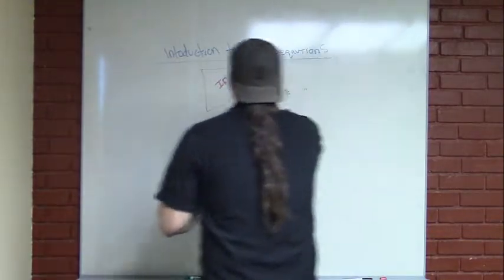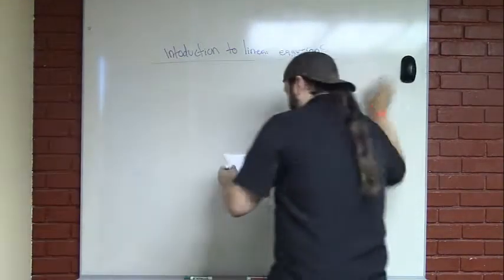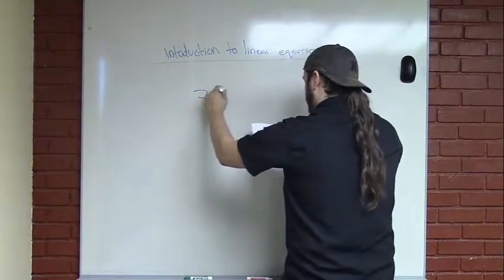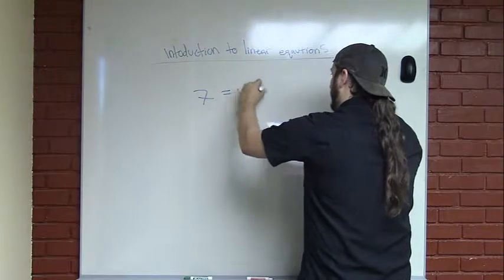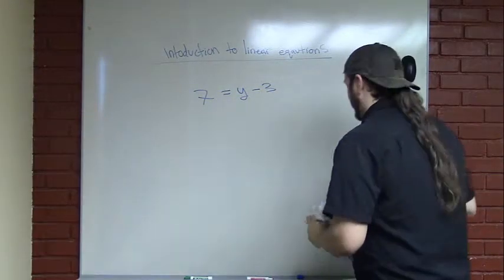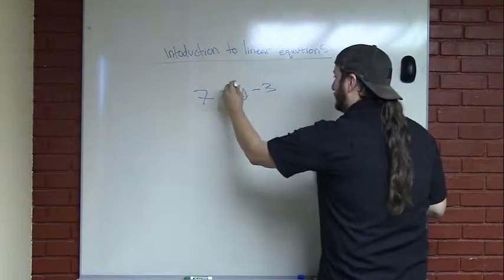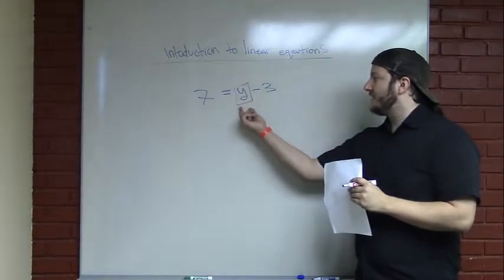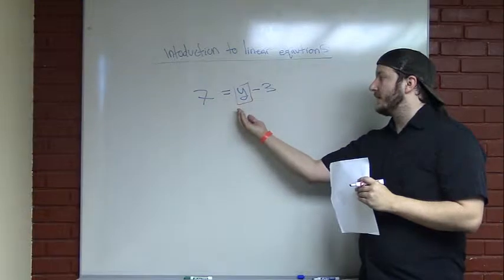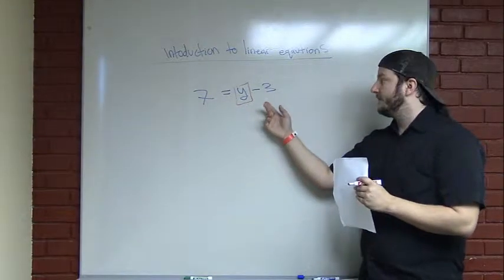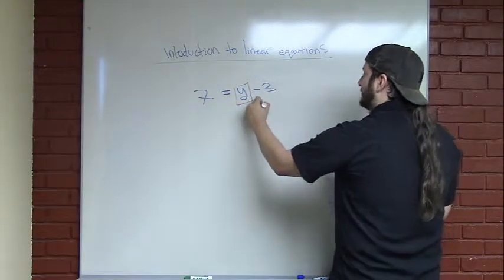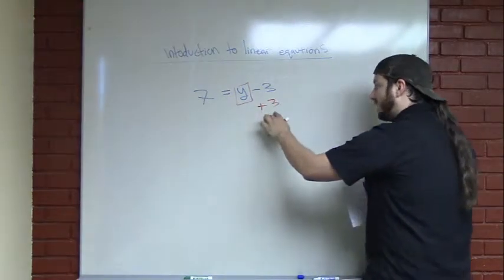All right, that one should be in your notes by now. So now we have 7 equals y minus 3. Put your little variable in a box because we're solving for that. What's next to your variable on the same side of the equal sign? The negative 3 here. The opposite of a negative 3 is a positive 3.